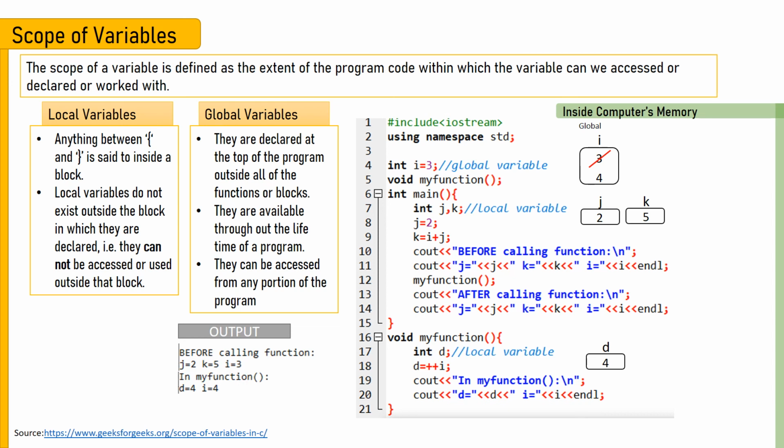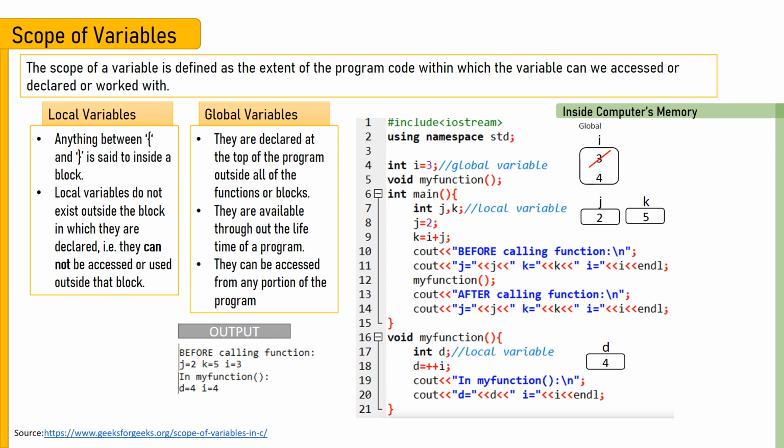Now the function definition myFunction is complete in line 21. So our compiler will return to line 12, which is where the function call is happening. Next, we proceed with line 13, which displays the output after calling the function.